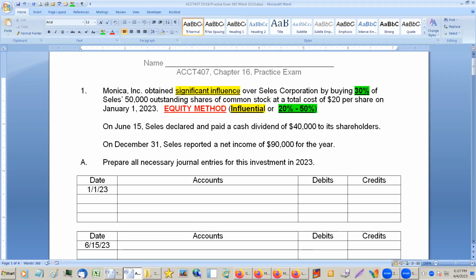Dividend. Okay, so they bought 30% of the 50,000 outstanding shares of common stock.